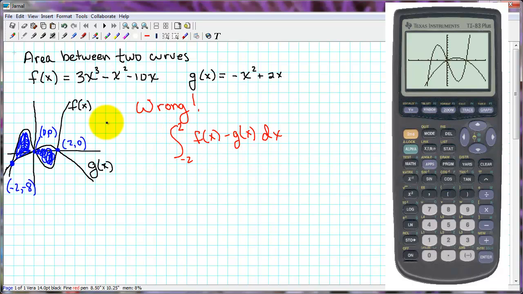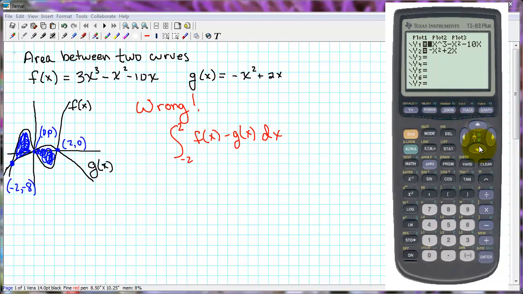So we could use the calculator to do that. So my f of x is my y1 and my g of x is my y2. So I go over here, and in y3 I'm going to use the vars function to put in f of x minus g of x. So function 1 minus function 2.